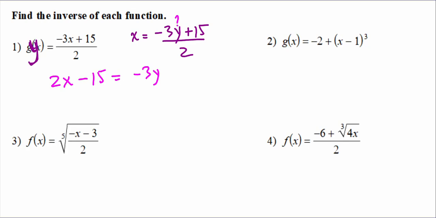The following step is divide both sides by negative 3, and the y will be by itself. So I'm going to rewrite y equals, divide both sides by negative 3. And I could leave it like this, 2x minus 15 divided by negative 3.